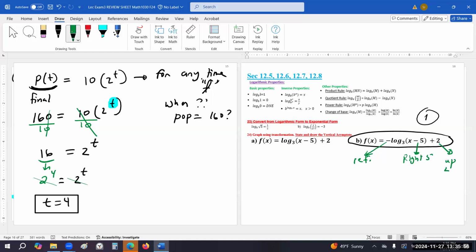Now exponential has a horizontal asymptote. So log has which asymptote? Vertical asymptote. Where do we get a vertical asymptote from? We go to the x, because every vertical line has a formula x equals something.